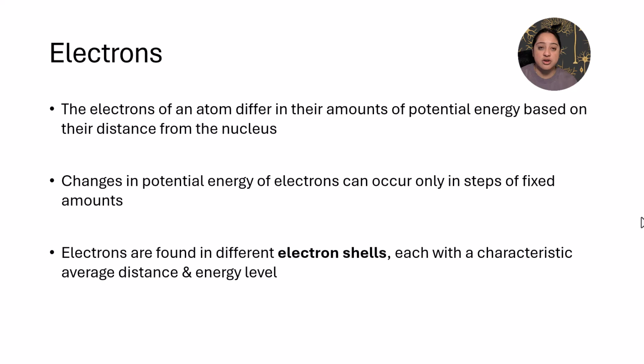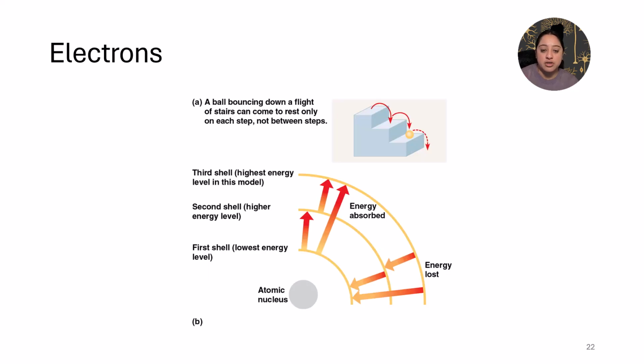So electrons are found in different electron shells, and they each have a different average distance and energy level. So here's a picture. Here is the atomic nucleus in the middle, and we're just zooming in on a quarter to show you the shells. So there are different shells of where electrons can be.